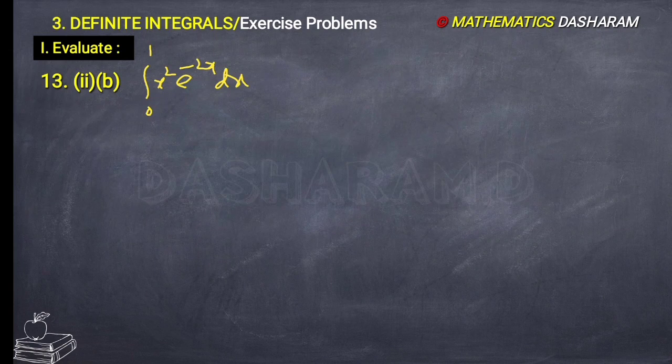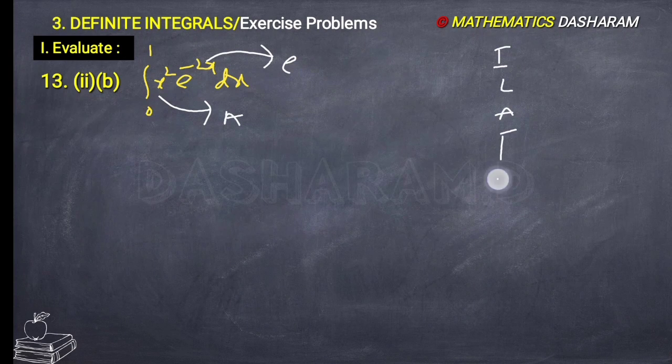Integration 0 to 1 x square into e power minus 2x dx. So here x square is an algebraic function, e power minus 2x is an exponential function. So as per the ILATE rule, they are in the proper order. Then we can continue the answer by applying the product formula.